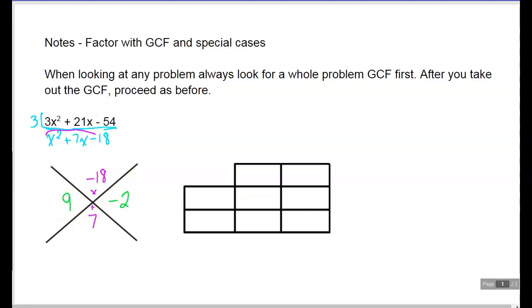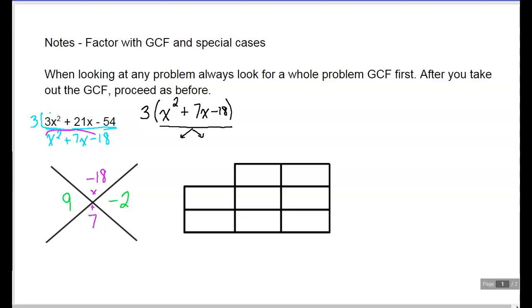Now we have our first term, and once you take that GCF out, keep in mind we're looking at this problem now. So we took that GCF out, and you have this trinomial here. And that's what you're using. You're using this trinomial to do these two steps, your X and your box.